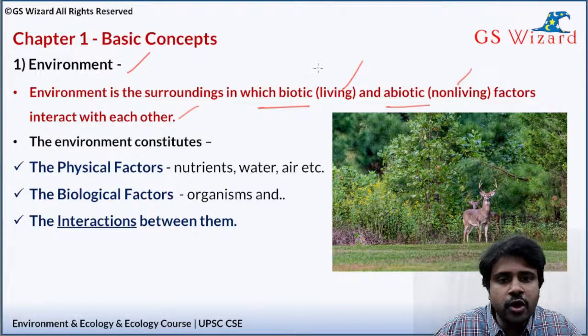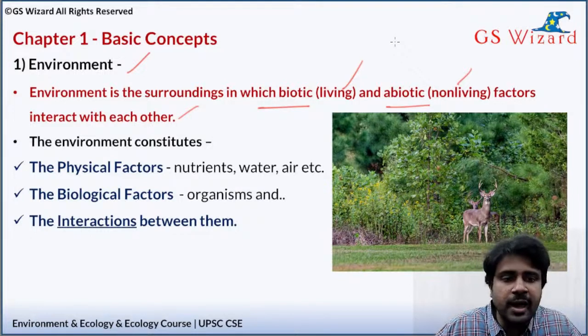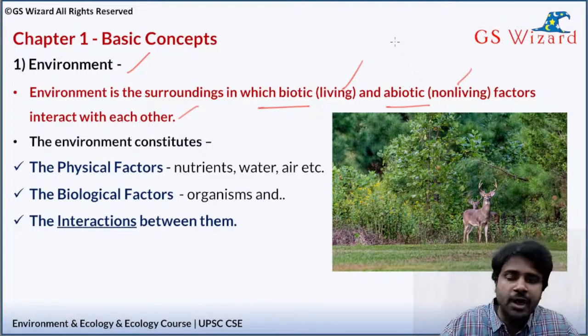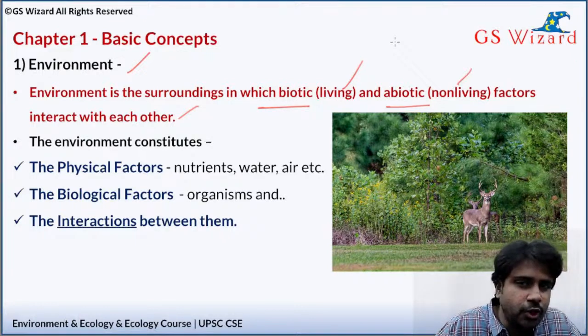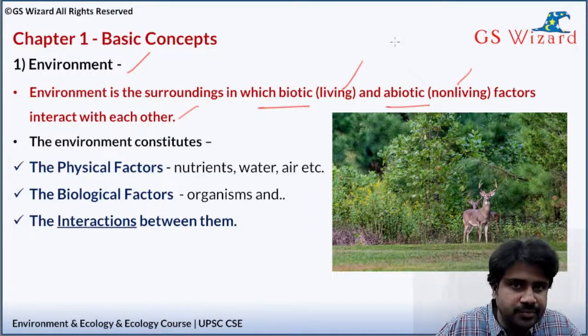The living things are called biotic, the non-living things are called abiotic. So basically, environment is nothing but the space in which we are, our surroundings, in which we find both living things and non-living things. And if you look at them, you'll find that there is interaction happening between living things and non-living things. Like, for example, we breathe in air.